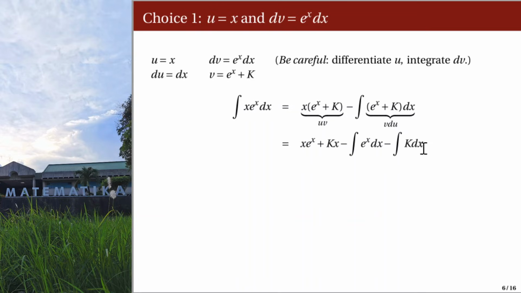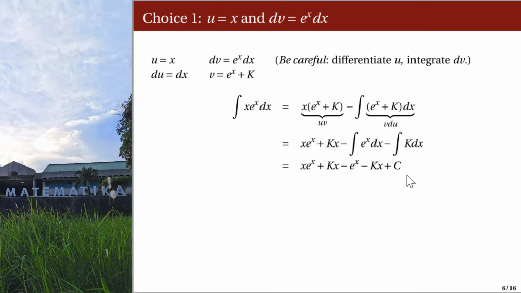Okay? But, what is the integral of e to the x? It's itself. Then, integral ng k, where k is a constant. This is with respect to the variable x. Then, what do you get? You will get kx. Okay. And then, don't forget yung constant of integration. Kasi, diba, nag-integrate tayo dito ulit. No?